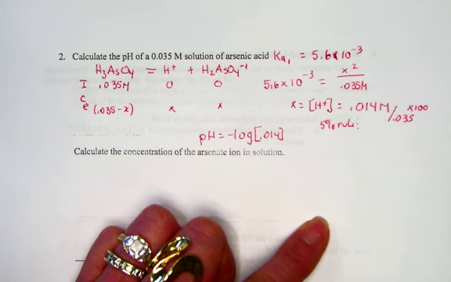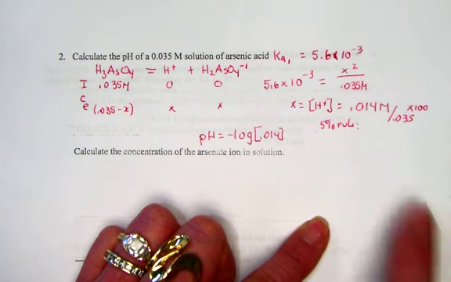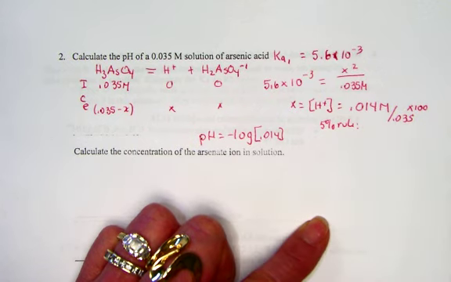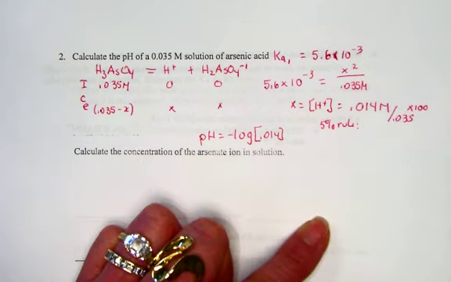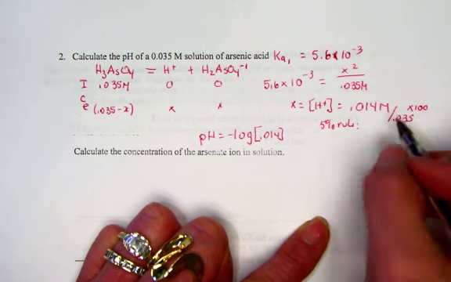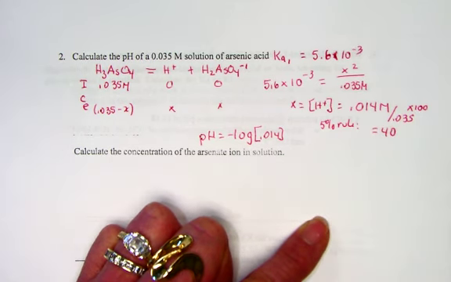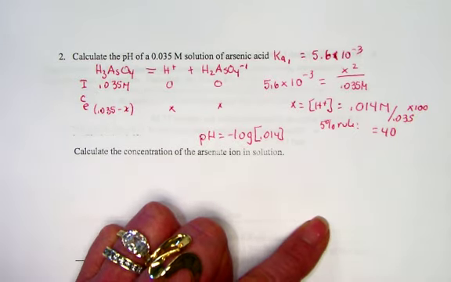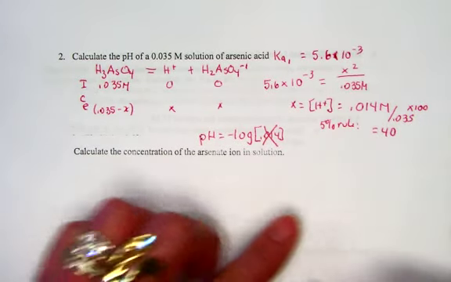Hydrogen was 0.014 divided by that initial concentration of 0.035 and expressed as a percent. Ooh, I'm finding 40%. That's way bigger than 5%, isn't it? Back to the drawing board.